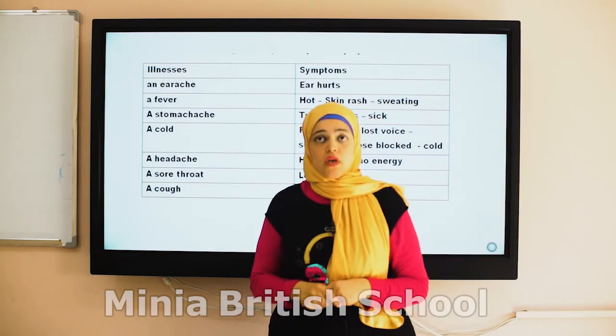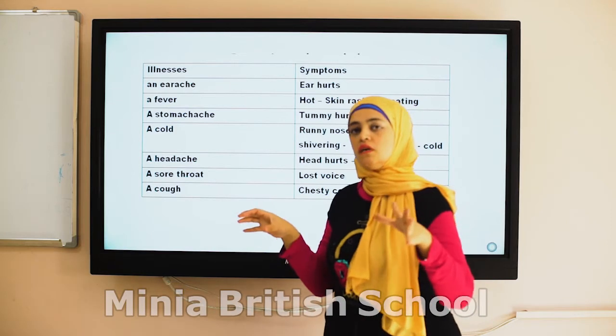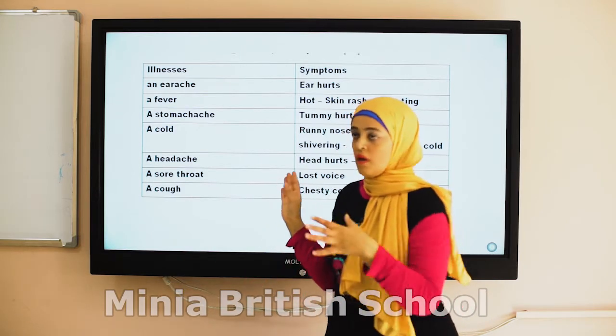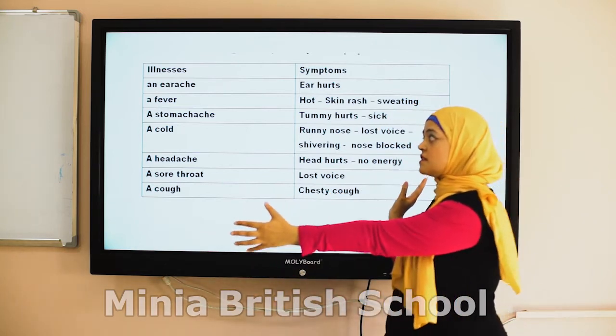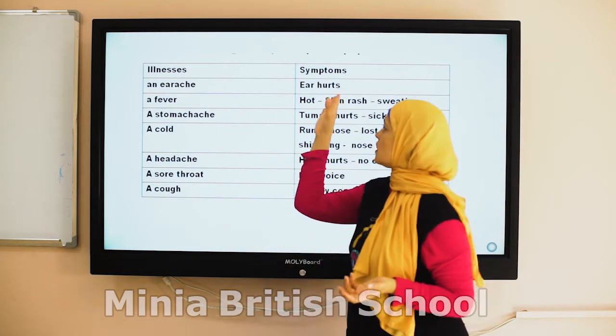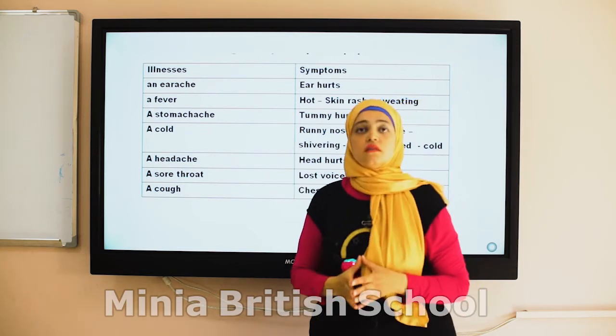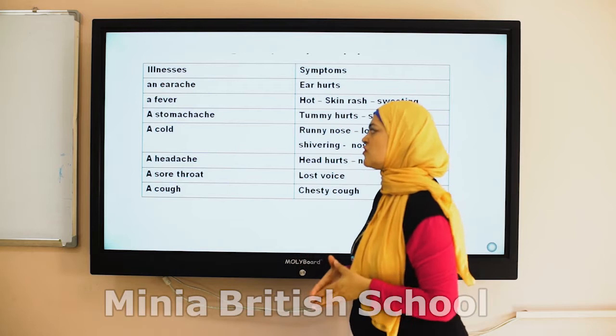In the book, he talked generally and mentioned many illnesses and symptoms, but I classified them for you: illnesses and symptoms. What kind of illnesses?